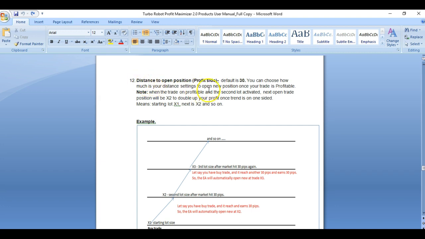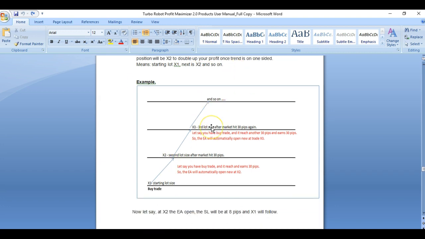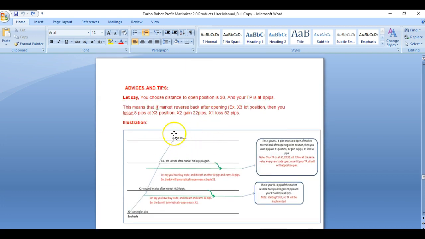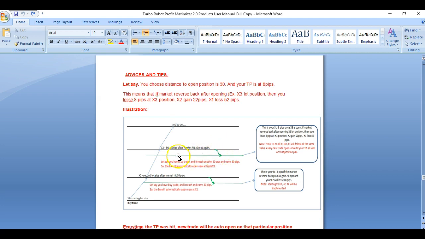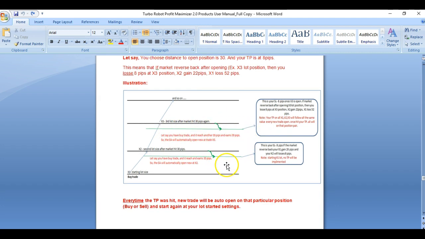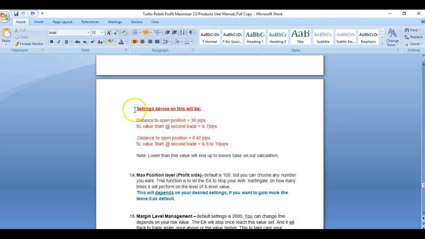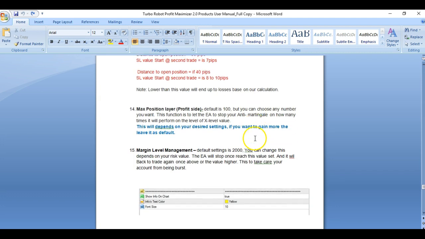All right, so the distance position, how it is opened up, and also advices and tips, and also your distance position, where your TP SL is. Okay, all right. So we have an explanation of all this, and we have settings advice as well.